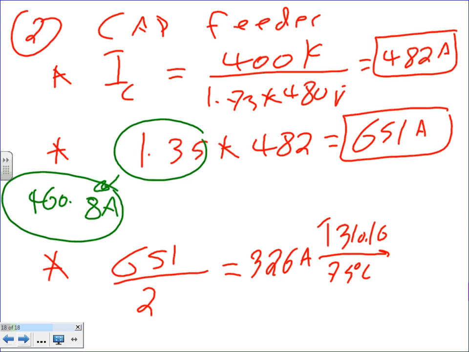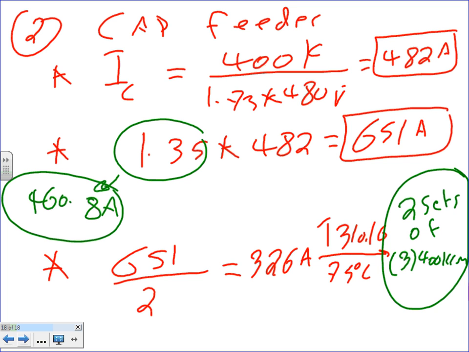And here's what you get, my friends: 2 sets of 3 conductors, each one of them 400 kcmil. Done. Why 3? Three-phase. Do I need a neutral? No.